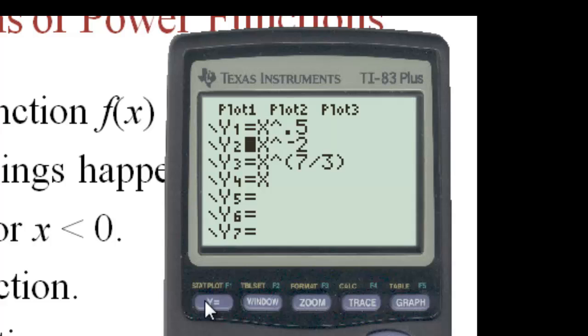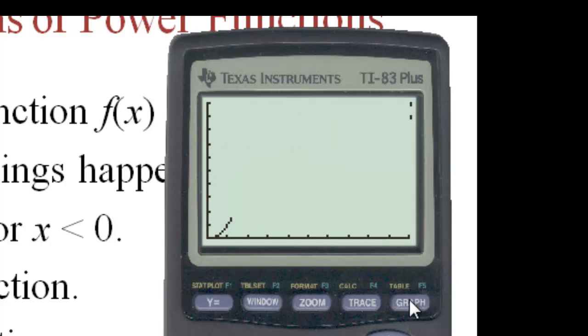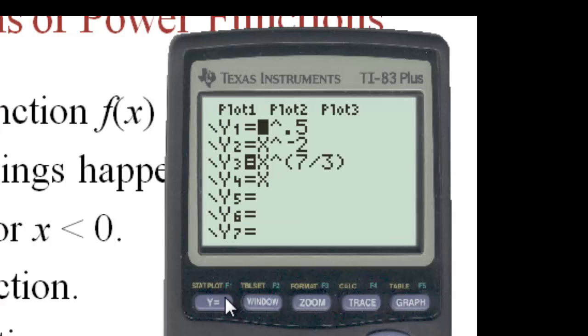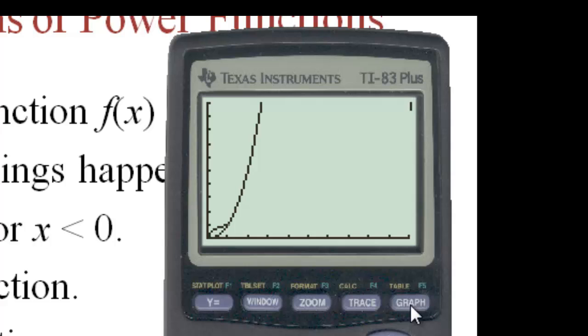And the last one I want to look at is x to the 7/3. Graphing that, we have it going very steeply up. And the interesting thing happens if you look at all of these graphs, and I'm going to include y equals x, and graph them all at once.